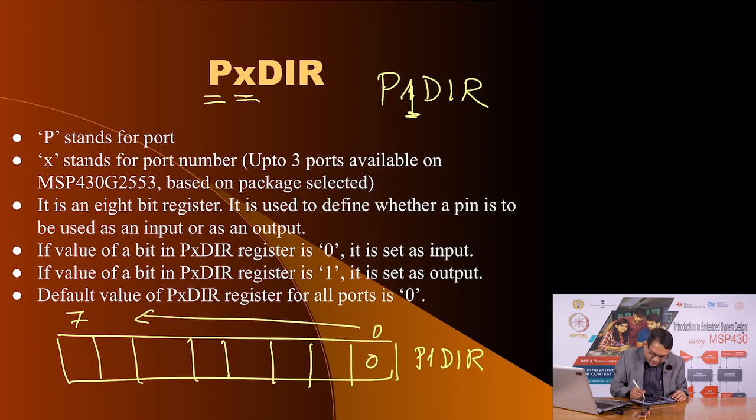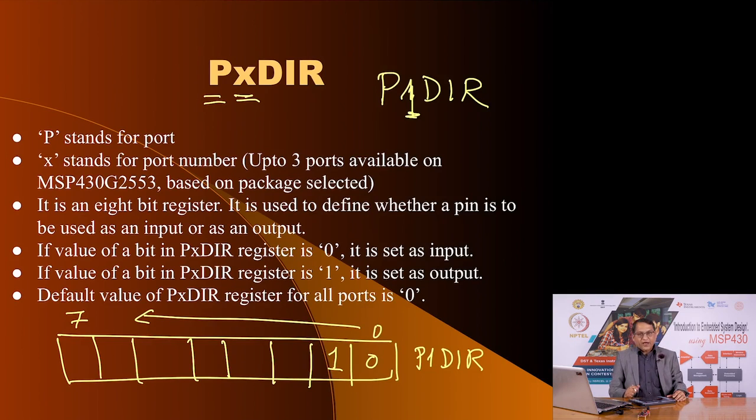If for the next pin I write 1, that means bit 1 of port 1, whichever pin it is connected to, will become an output pin, and I will write appropriate values in this register to decide the basic functionality of the port, whether I want them as input or output. I hope it is clear.